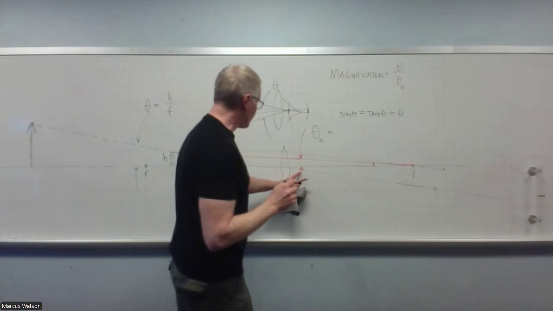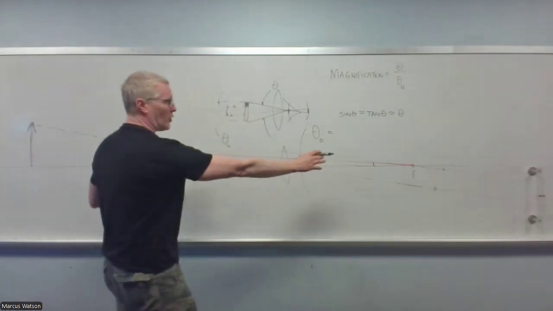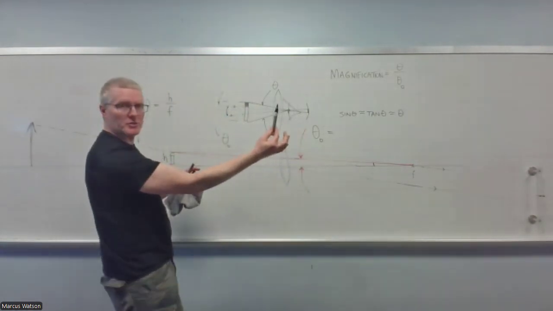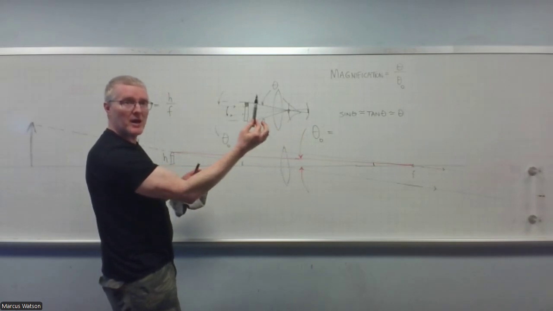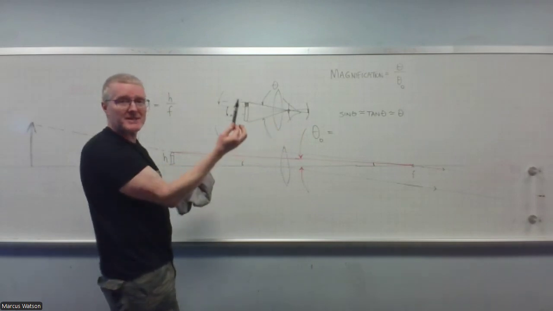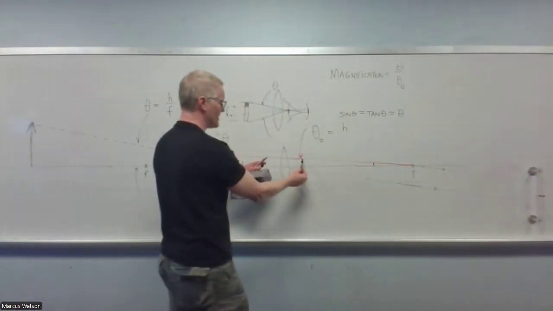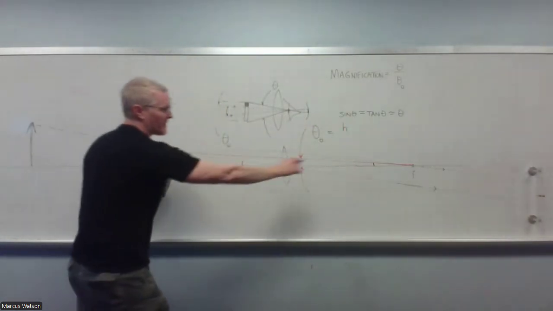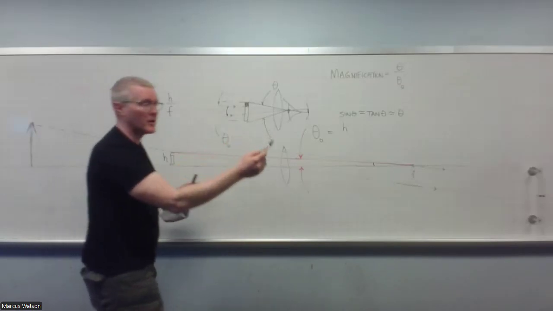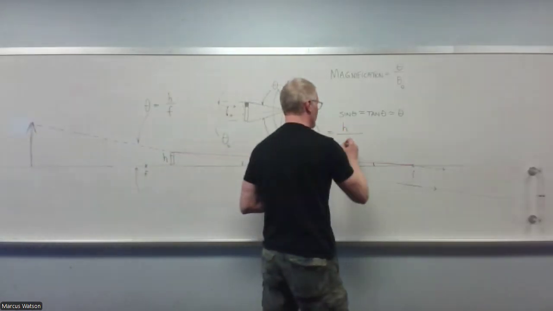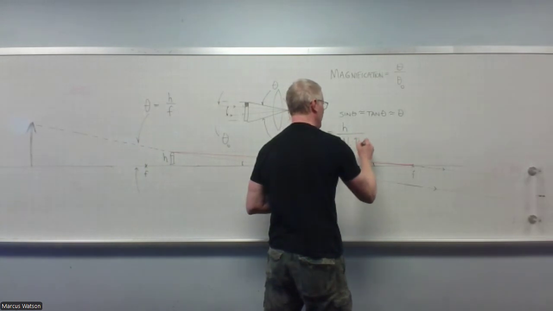And theta naught is if we're holding the object close enough to our eyes to where we can see it, then we would say it's at our near point. So this angle is essentially the height of the object divided by the distance the object is from our eye, which should basically be our near point distance, which I'll just call NP.